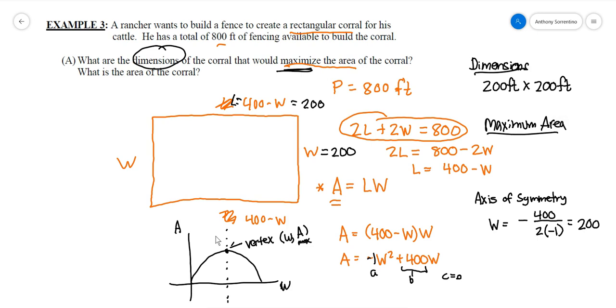The maximum area, well, I could either plug 200 into the area function and get it, or realize that, well, if I have both dimensions, 200 times 200 is going to be 4 and 4 zeros. It's going to be 40,000 square feet.